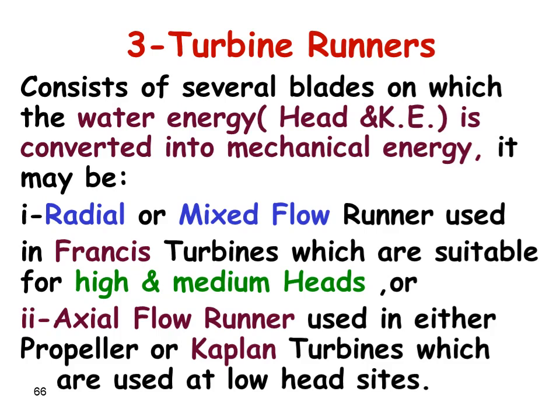Another type is the axial flow runner, used either in propeller or Kaplan turbines, which are used for low head site applications.